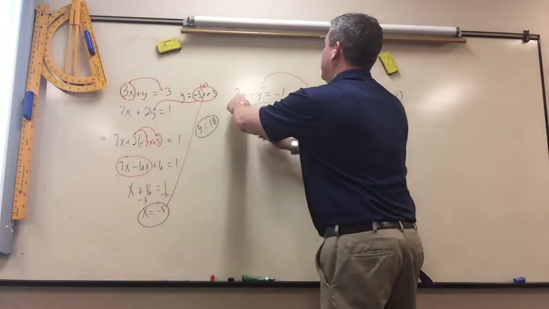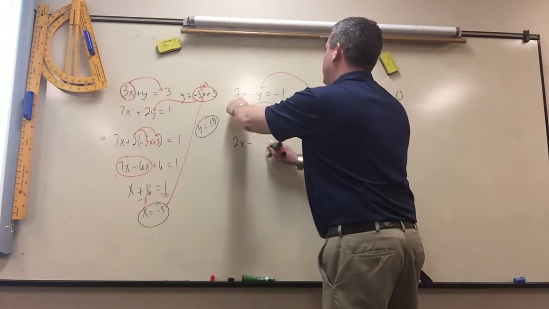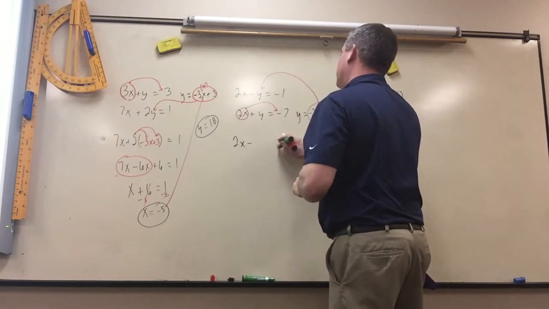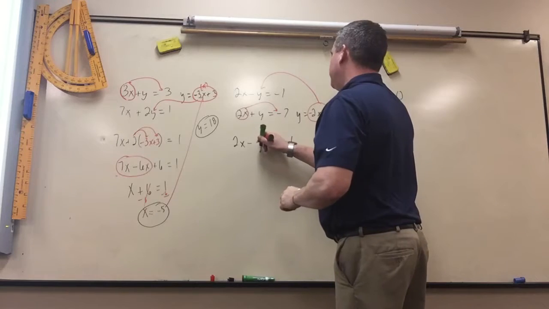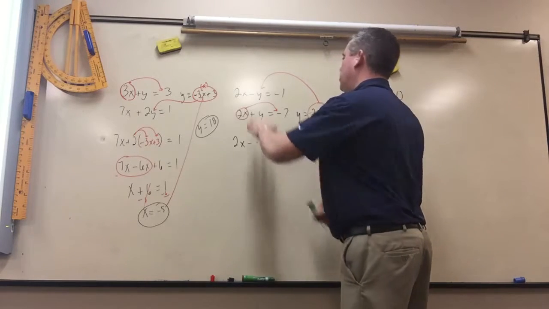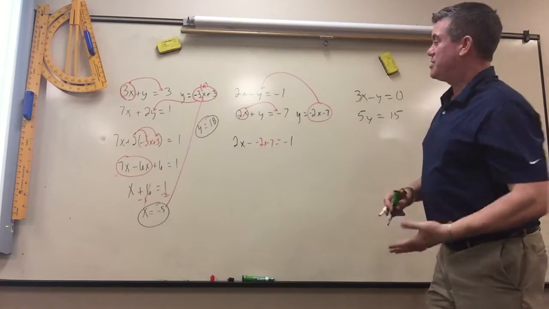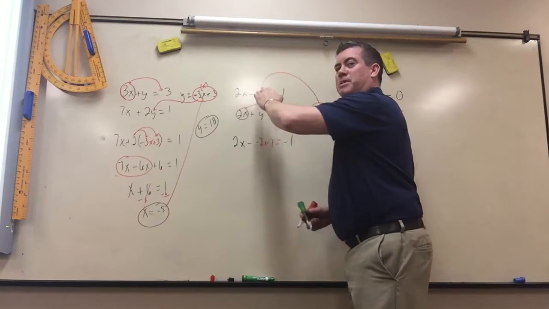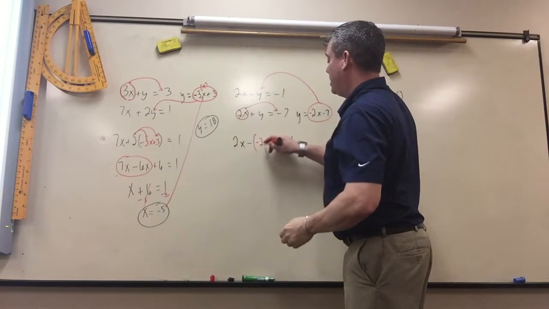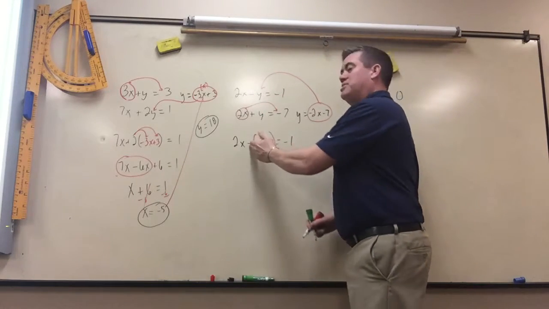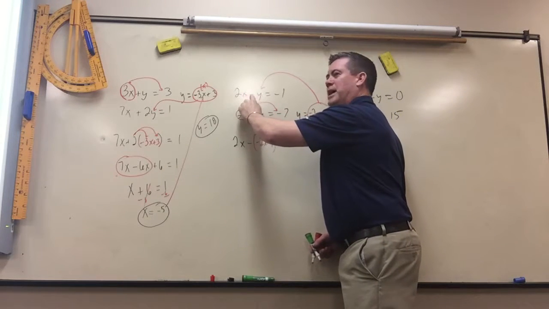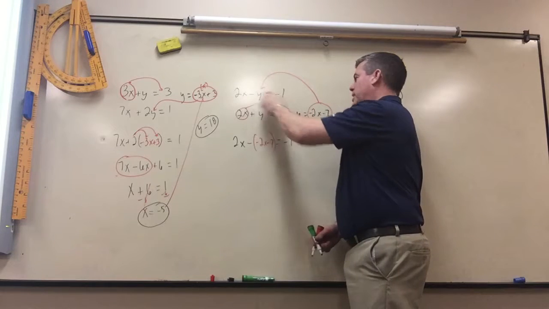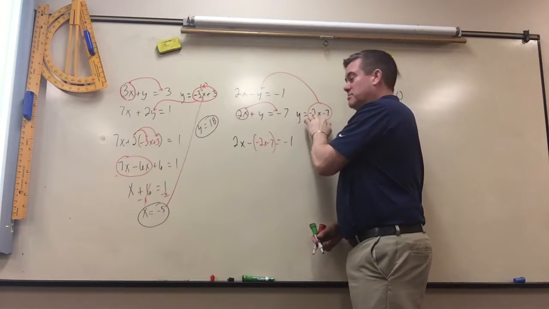But every once in a while it's the x, so don't think it's always the y. So I've got to rewrite this, 2x minus, this one is a tricky one actually. I've got to put negative 2x minus 7 in for y, right? Since it's a minus in front, that's what makes it tricky. You've got to put parentheses around it. If it were a plus, it wouldn't matter. But remember, this means you're going to do the opposite of both of these.